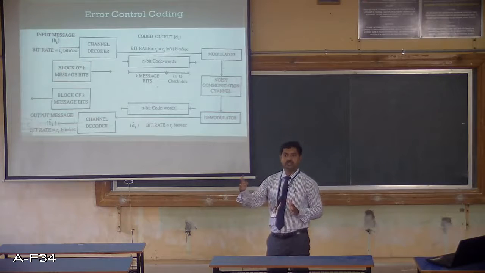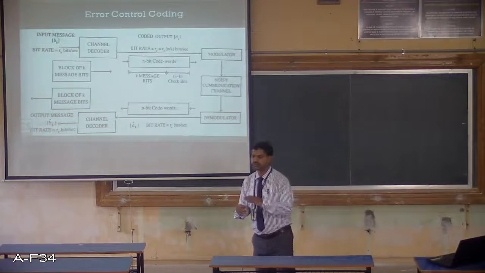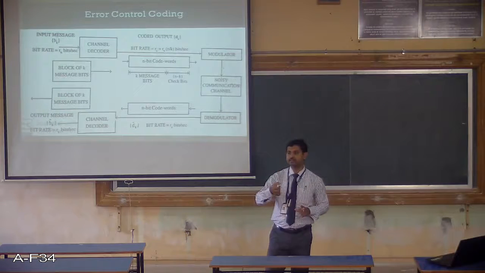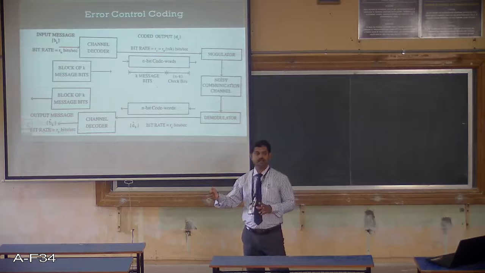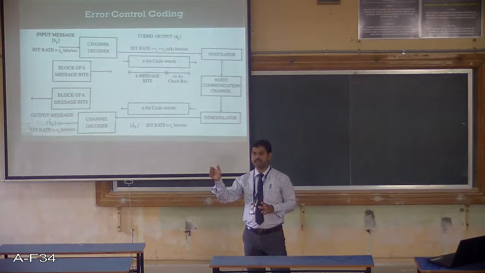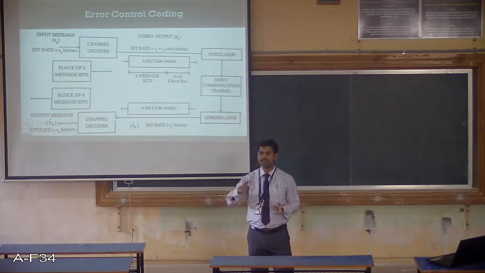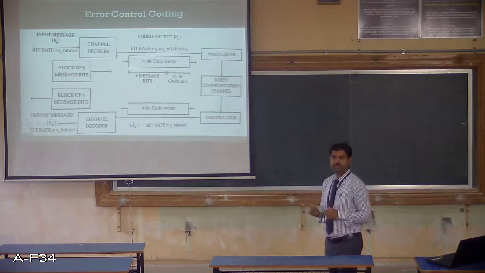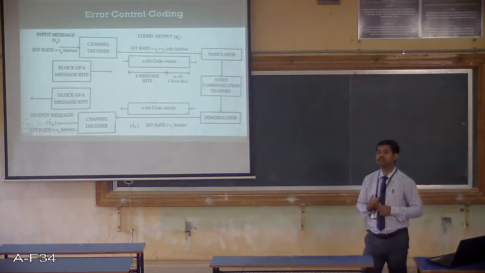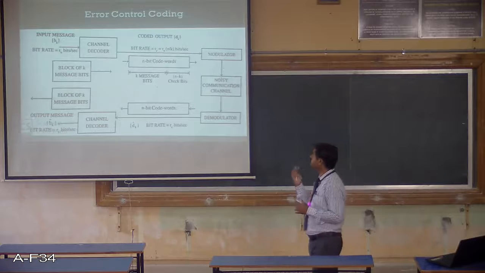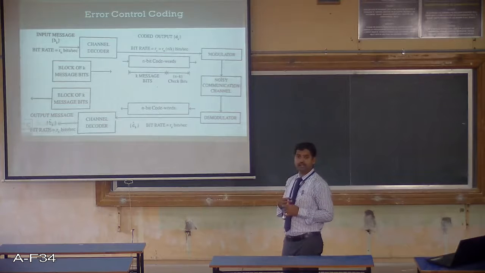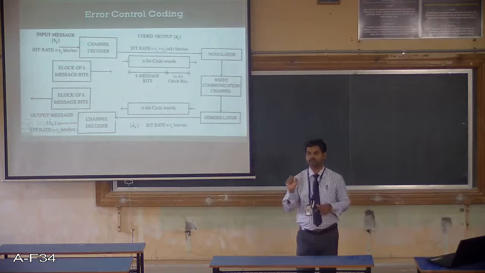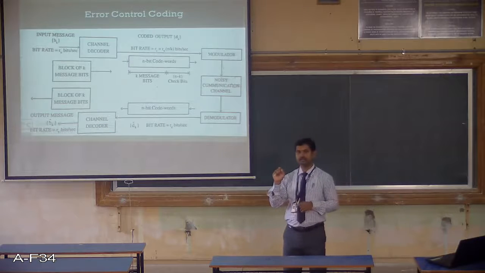Then we have a source encoder where the encoding process takes place. It represents the information using some coding sequence, such as ternary or quaternary, using the Shannon-Fano algorithm and so on. Apart from that, you have a channel encoder, an additional block we use in error control coding.